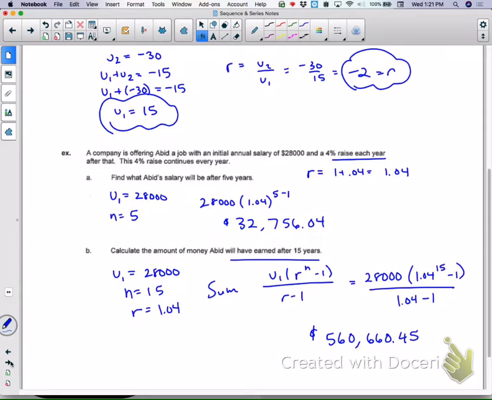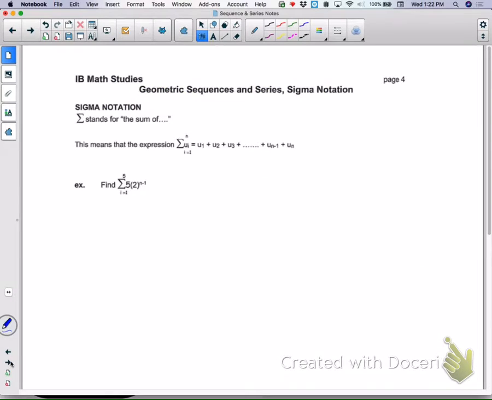All right, last one. We've done this problem before with a sigma. Just wanted to make sure you knew how it related to a geometric sequence. So in this case, we've got 2 options again. Method 1 would be to write out all 5 terms. So my first term would be where i is equal to 1: 5 times 2 to the 1 minus 1 power is 5 times 2 to the 0 power, which is 5 times 1, which is 5.